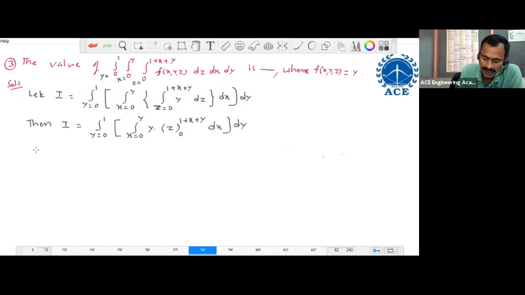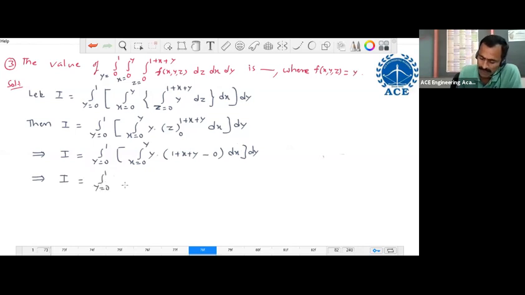Which implies I equal to integral y equal to 0 to 1, integral x equal to 0 to y, y into, in place of z, substitute upper limit 1 plus x plus y minus lower limit 0, dx and then dy, which implies I equal to integral y equal to 0 to 1.